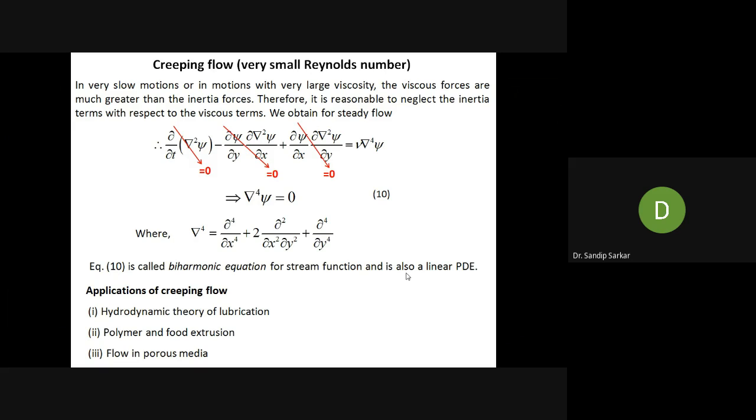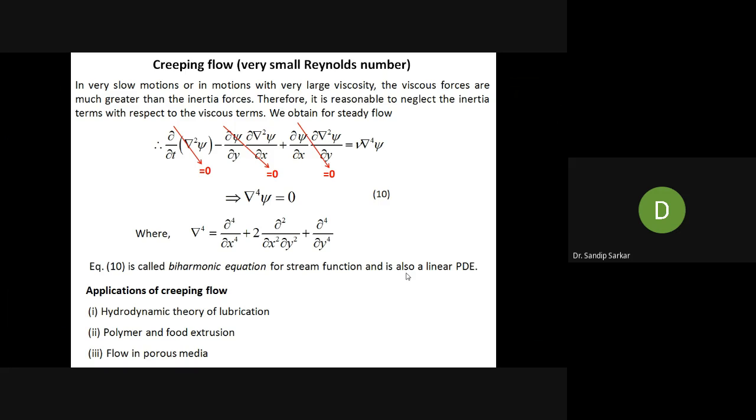When jam and jelly flow through some industrial manufacturing unit, the fluid velocity is very small compared to the Newtonian case, such as water or other Newtonian fluids. There is the application of this biharmonic equation. Those kinds of flow are creeping flow applications.